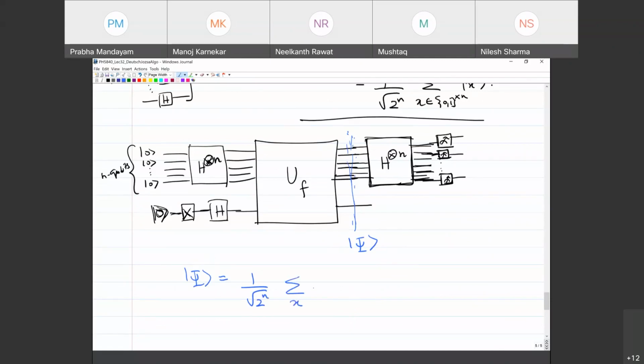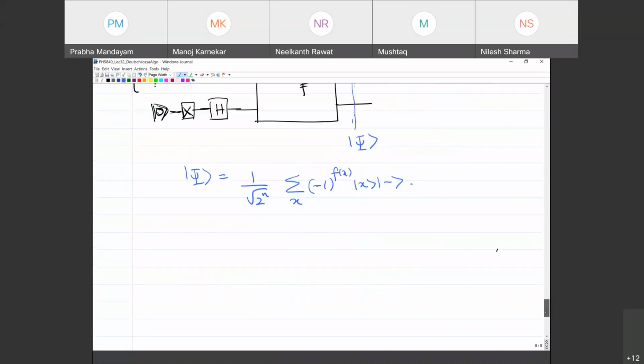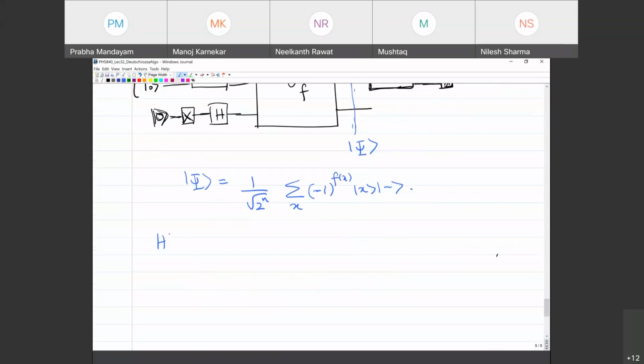And we said this is what the oracle does: it gives x and minus. Now the question is, what does Hadamard tensor n on this side do? Or how does that help us? We'll have to understand this.